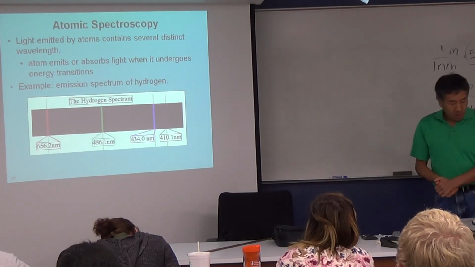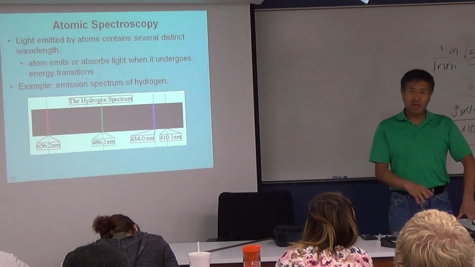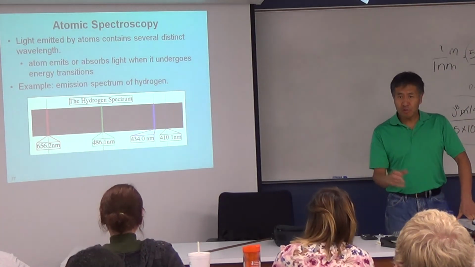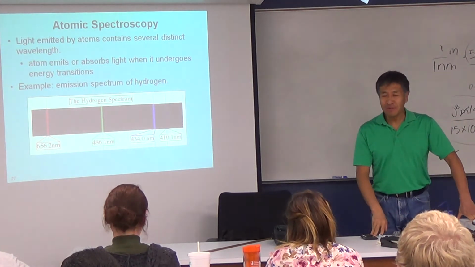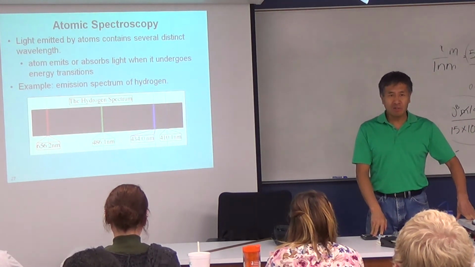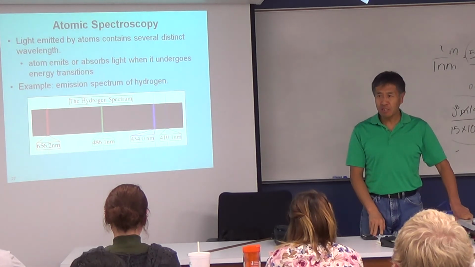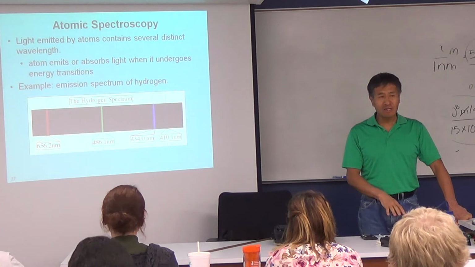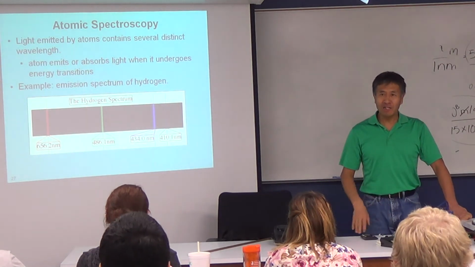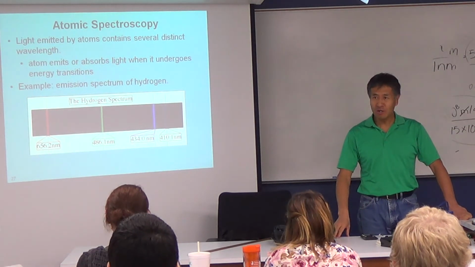So now we're going back and forth. We talk about those experimental results in the 1900s. Scientists found experimental results that cannot be explained by the Newtonian model.